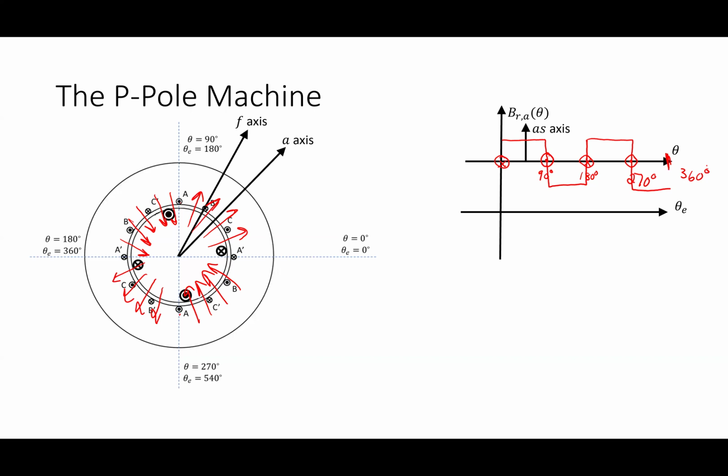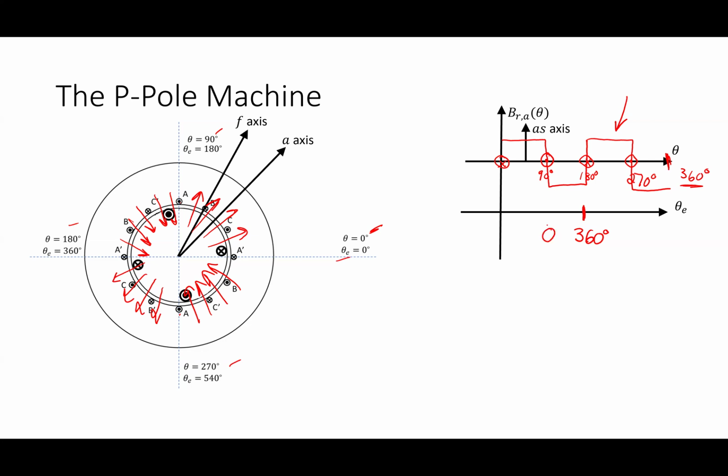What I'm seeing in this particular case is that as I go around physically one time, as theta goes from 0 degrees to 90 to 180 to 270, I go through 2 periods of the field. By the time we get through one complete physical period, we've actually gone through 2 periods of the field.